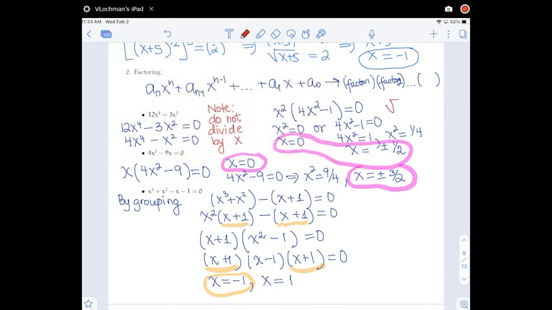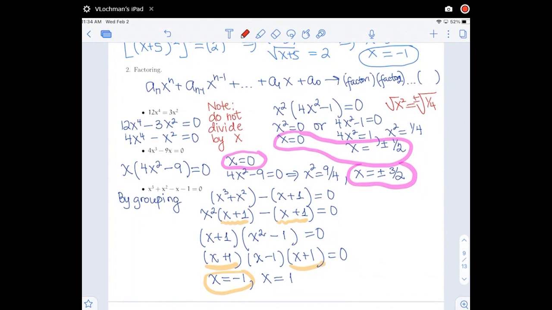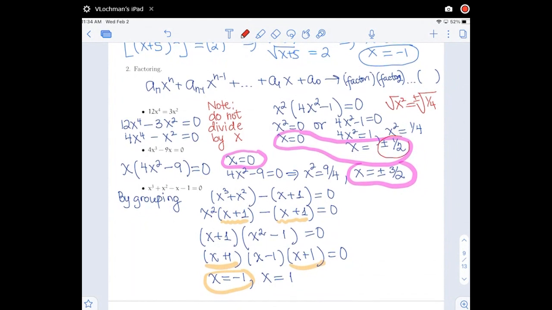So the square root of x squared is equal to plus or minus the square root of 1 over 4, right? I took the square root of each side. So what is the square root of 1? That's 1. What is the square root of 4? That's 2. So that's where this comes from. Okay, thank you.